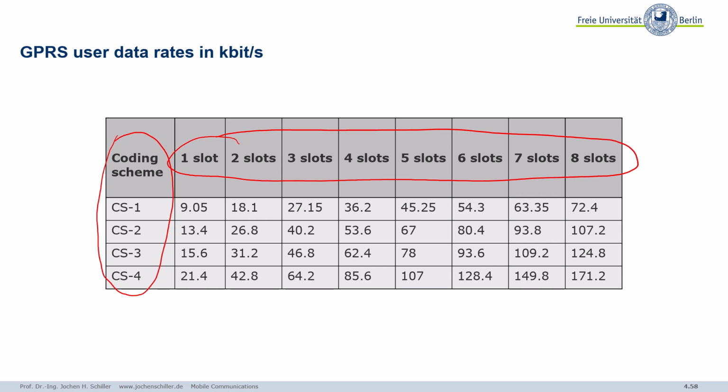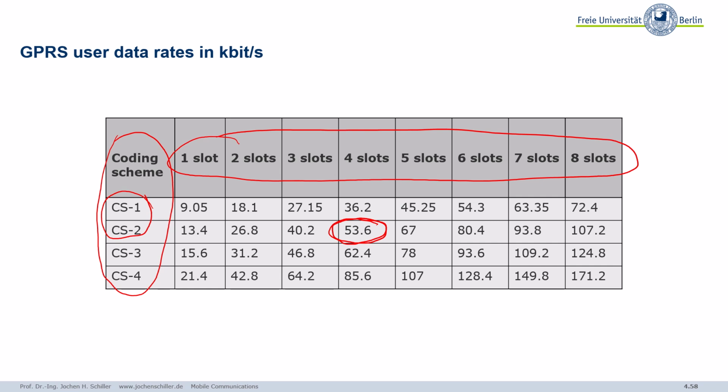The typical coding schemes supported by network operators are coding scheme 1 and 2. This depends on the network operator. And then a very typical GPRS device can, for example, receive up to 53.6 kilobit per second using 4 slots per TDMA time frame.